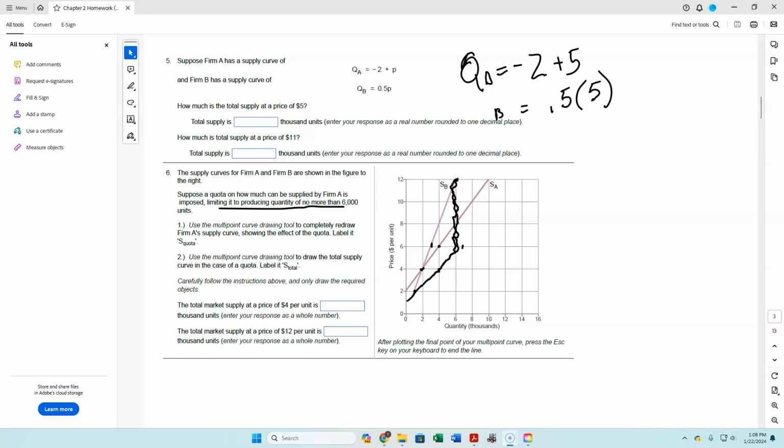So let's call this firm A with quota, Q. That would mean that firm A at that price is going to have 6 plus 6, so that's going to equal 12. Okay.